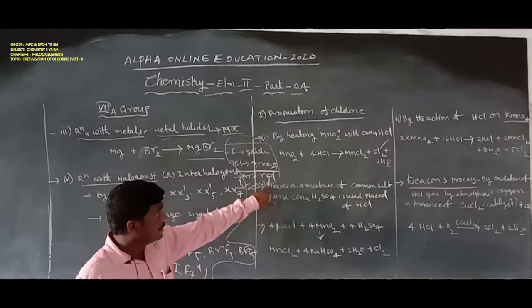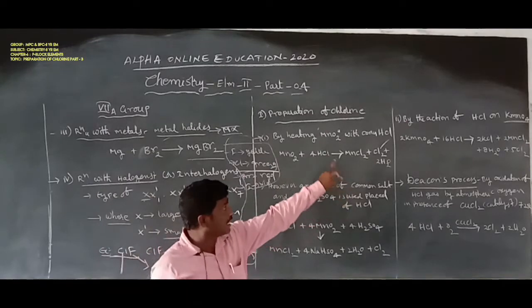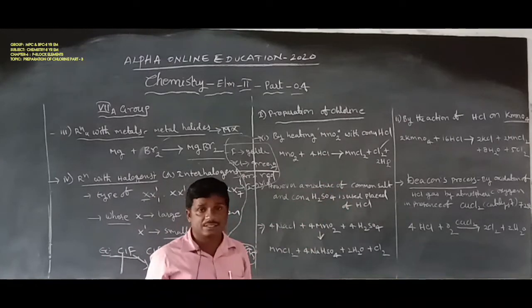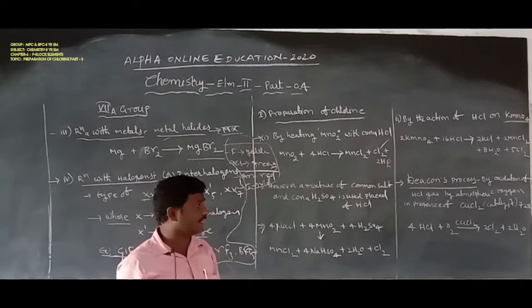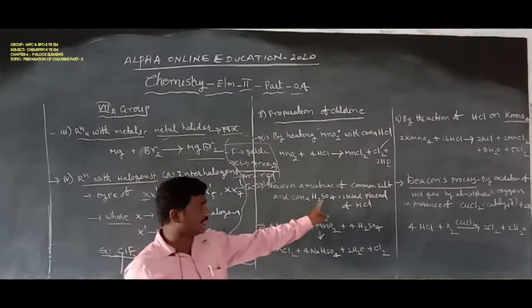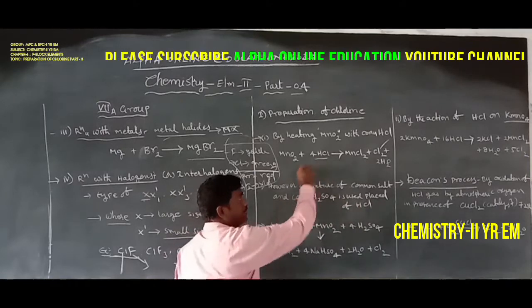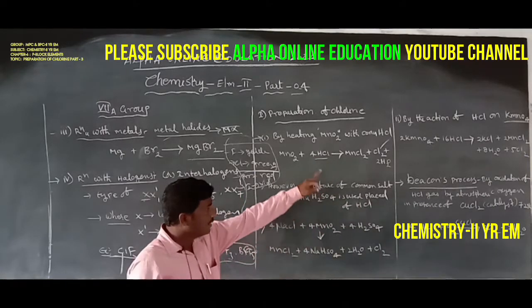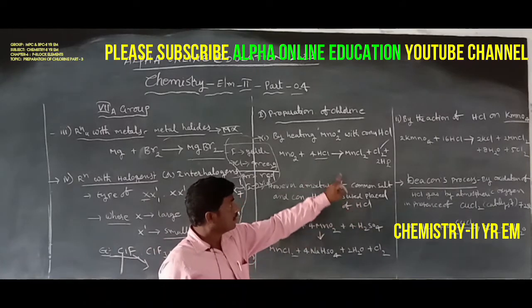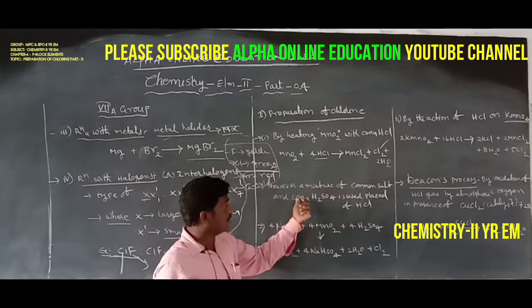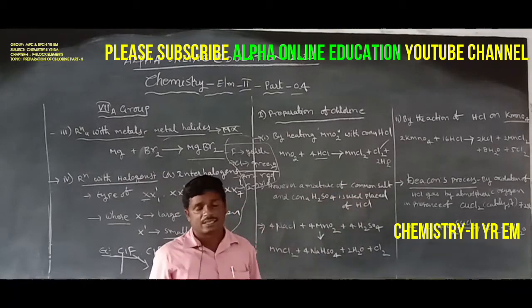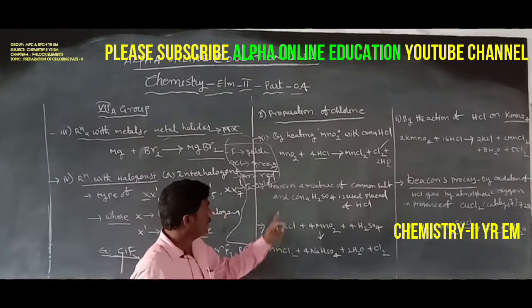However, the mixture of common salt, that is sodium chloride, and concentrated sulfuric acid can be used in place of hydrochloric acid. Instead of hydrochloric acid, concentrated H2SO4 and common salt are used.